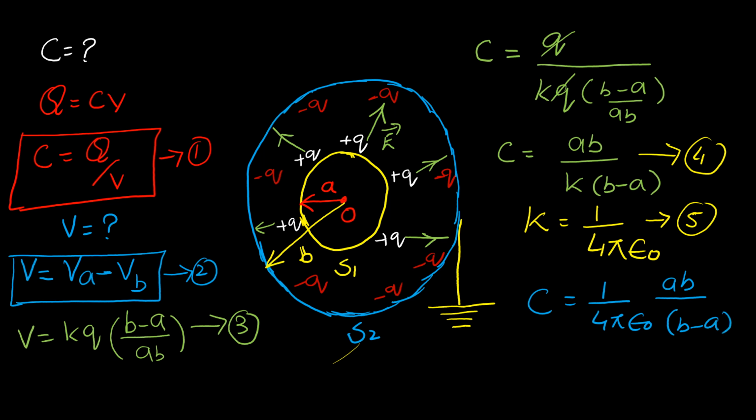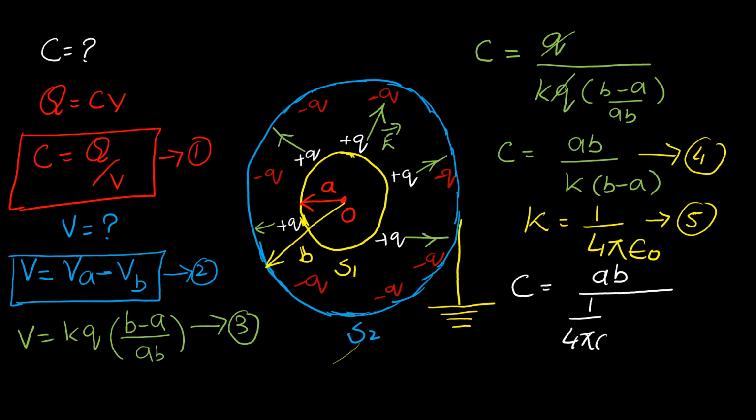Sorry, let me rewrite this equation. I've written this equation wrong. Whenever we incorporate equation number 5 in equation number 4, we get capacitance C is equal to AB divided by 1 over 4 pi epsilon naught into (B minus A).